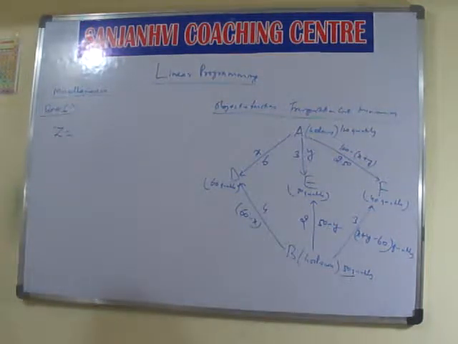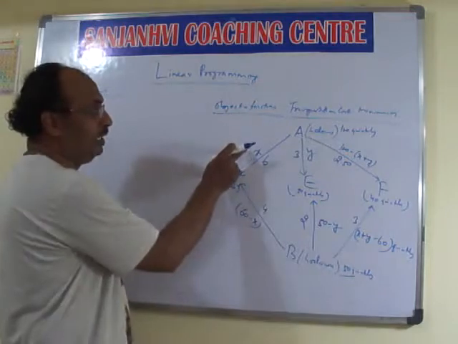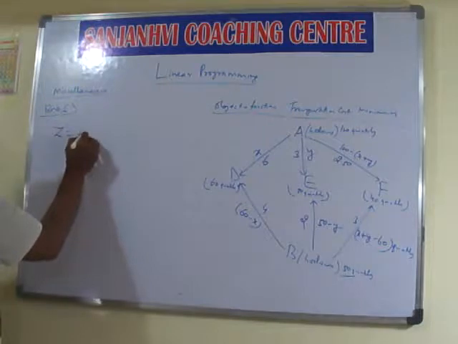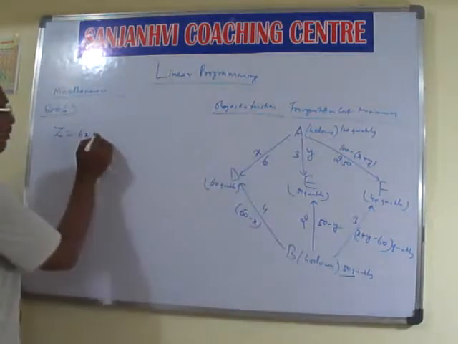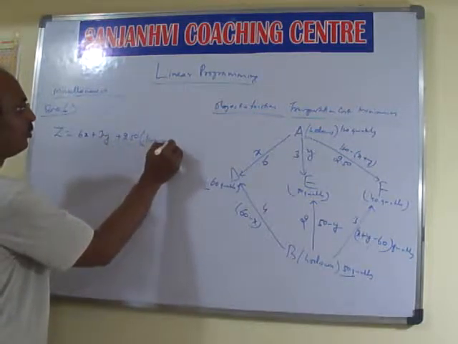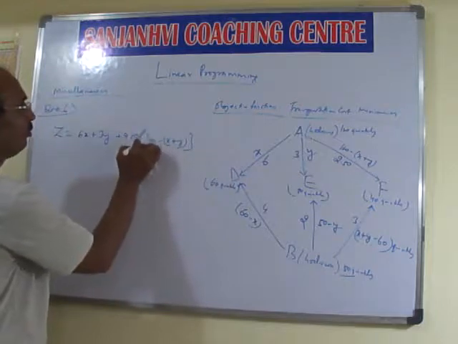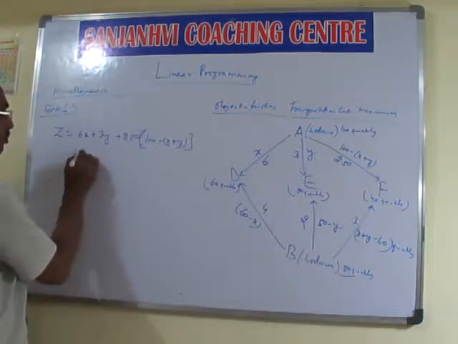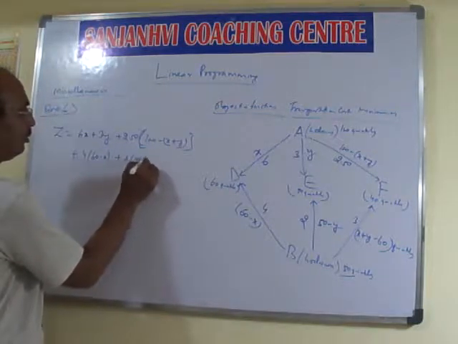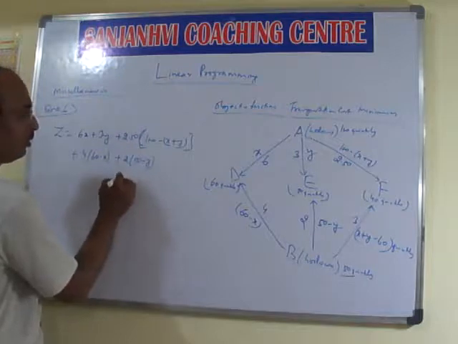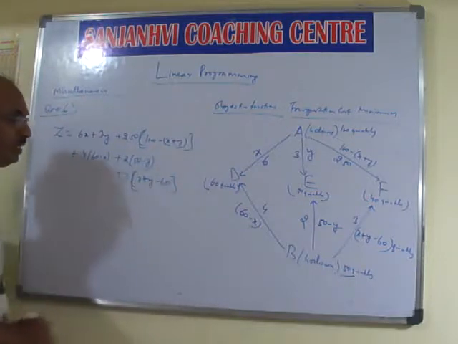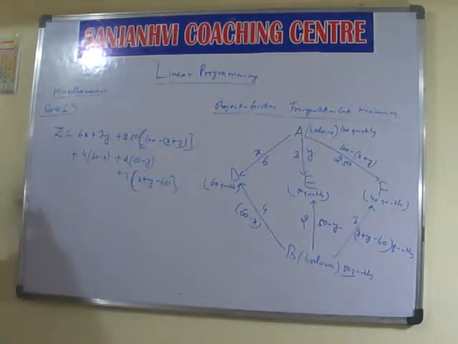This transportation cost is 6x plus 3y, plus 2.5 into 100 minus x plus y, plus 4 into 60 minus x, plus 2 into 50 minus y, plus 3 into x plus y minus 60. Now we have to solve it.